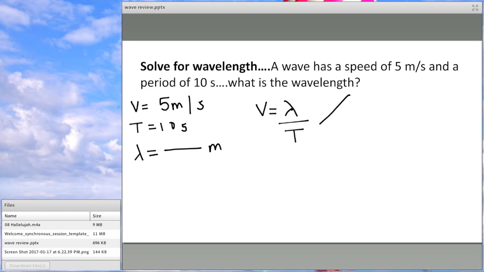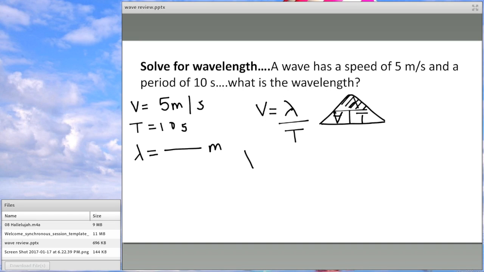And so if I want to solve for wavelength, I'm going to put it in the triangle. Wavelength is what I want.